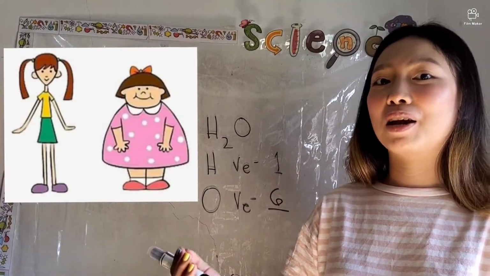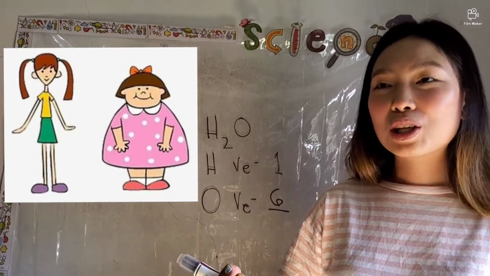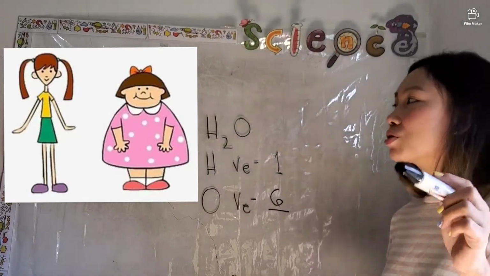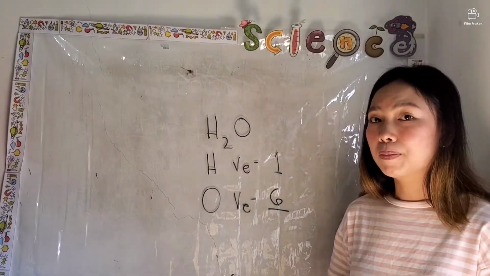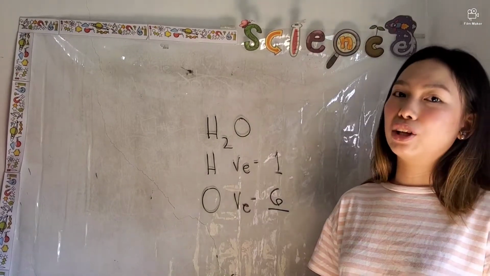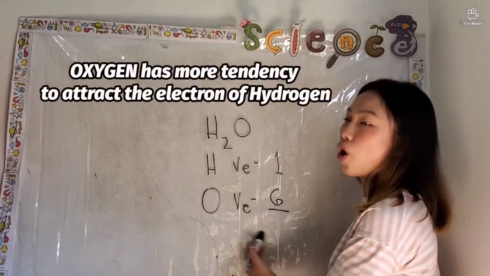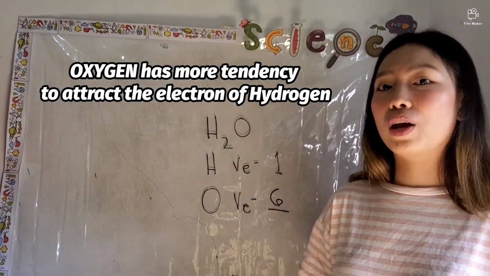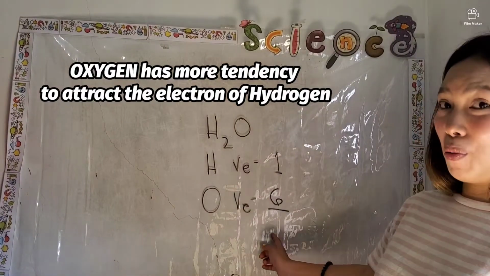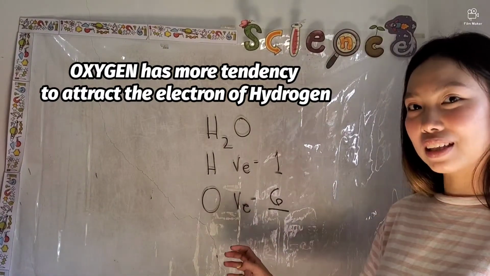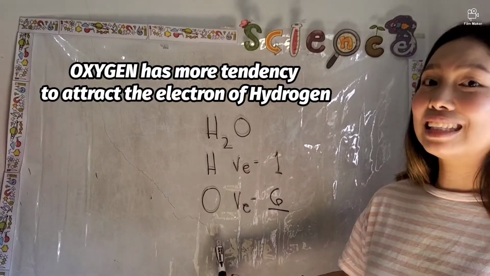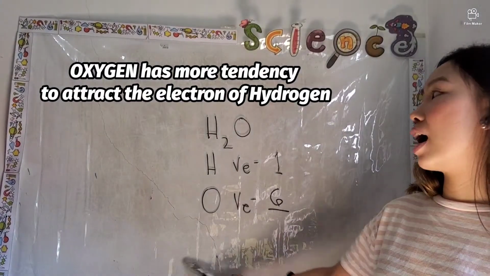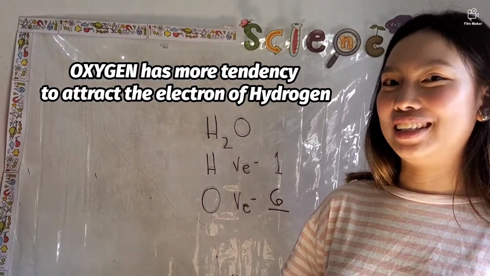Sinong mas madaling makahigit? Yung mataba o yung payat? Syempre, yung mas malaki. So, mean to say, in the word electronegativity, the ability to attract an electron would be on oxygen. Since dalawa na lang ang kulang niya to be stable, at ang stable ay 8, at kulang na lang siya ng 2, so mas madali para sa kanyang humigit. Meaning to say, mas malaki ang tendency ng electronegativity sa oxygen kesa sa hydrogen.